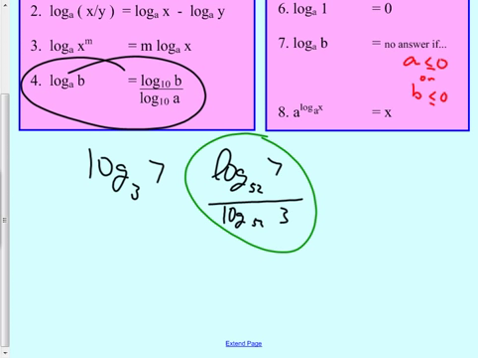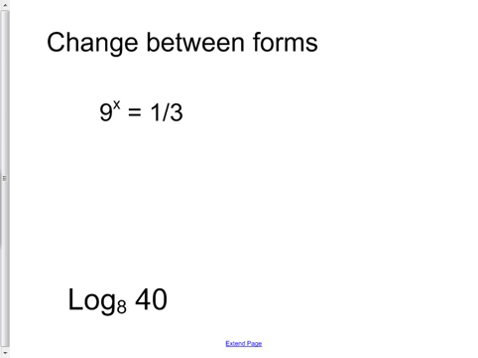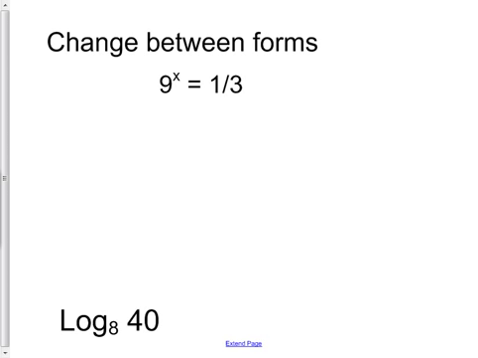All right. Let's move on and do some more stuff I've got prepared for you. Changing back and forth between forms is like the first thing I showed you how to do. If it's an exponential, you can make a log out of it. If it's a log, you can make an exponential out of it. So would you take this one, please, right here, and make it into a log, and then, without a calculator, evaluate it, which means tell me the answer.